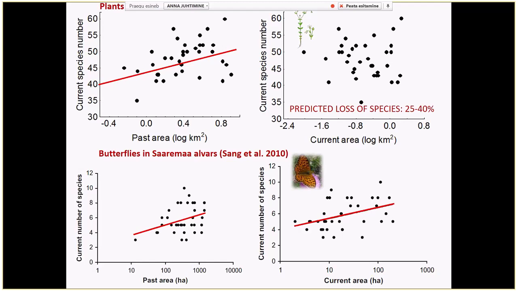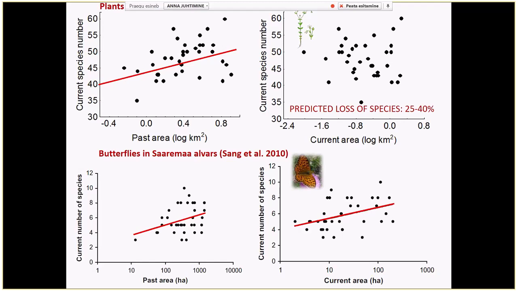Extinction debt is a phenomenon that has now been confirmed in many habitats that have lost a lot of area, like grasslands all over Europe, and also in other habitats that have gone through big environmental changes over past centuries or decades.